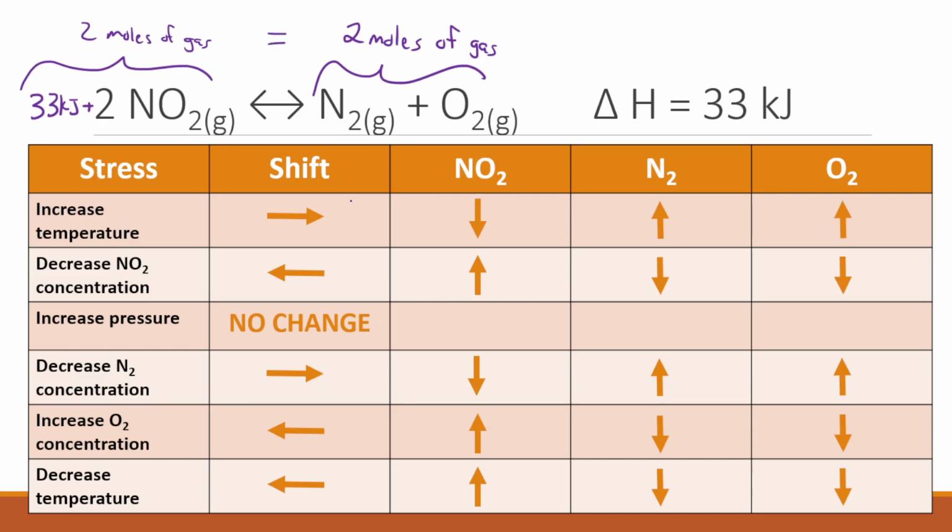Since these numbers are equal, if I compress or expand this equilibrium, if I take the container it's in and compress it or expand it, it's not actually going to change anything. There is no side of the equation with more or less moles of gas. They have the same amount. So pressure doesn't do anything here.